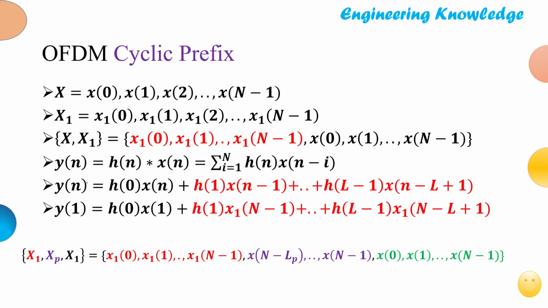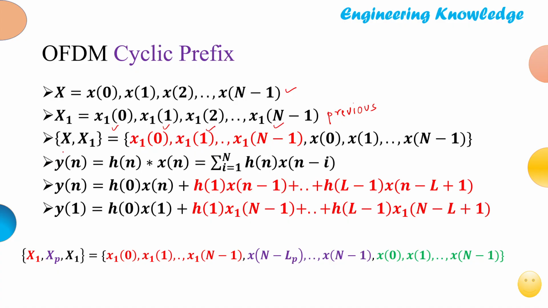Suppose that x was this, x of 0 to n minus 1, and x1 was the previous symbol, with x1 of 0, x1 of 1, x1 of 2, up to x1 of n minus 1.